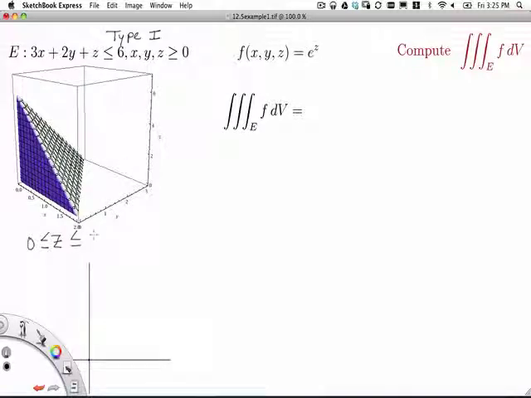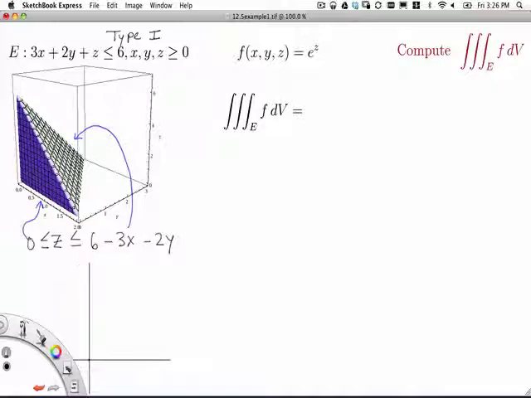So if I solve for z there, I get z is less than or equal to 6 minus 3x minus 2y. Okay, and so in the picture here, I have this upper bound is this plane right here, and the lower bound, which you can't really see, is z equals 0.